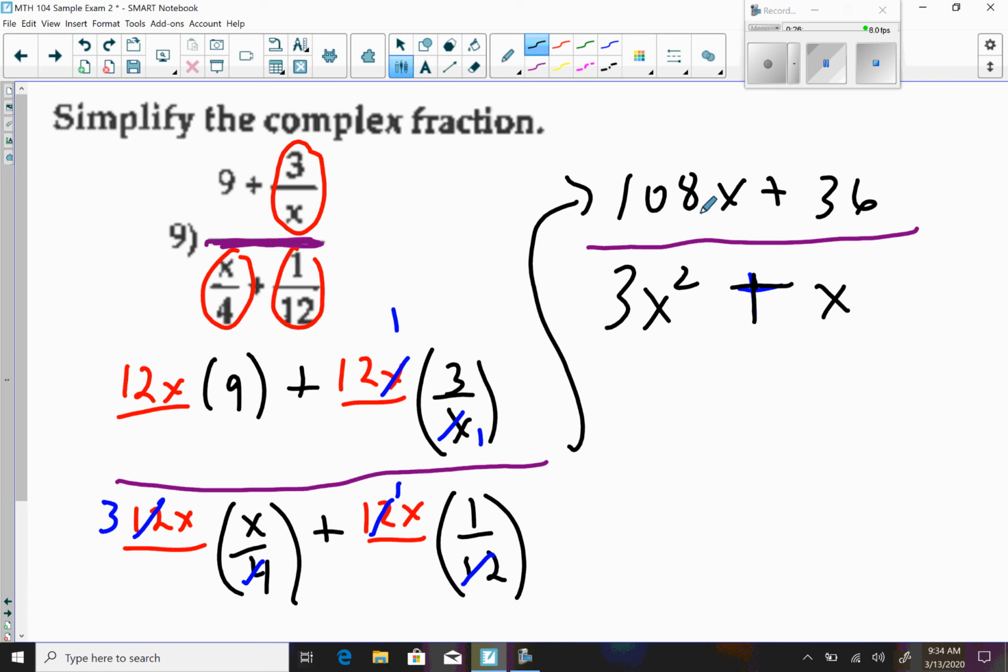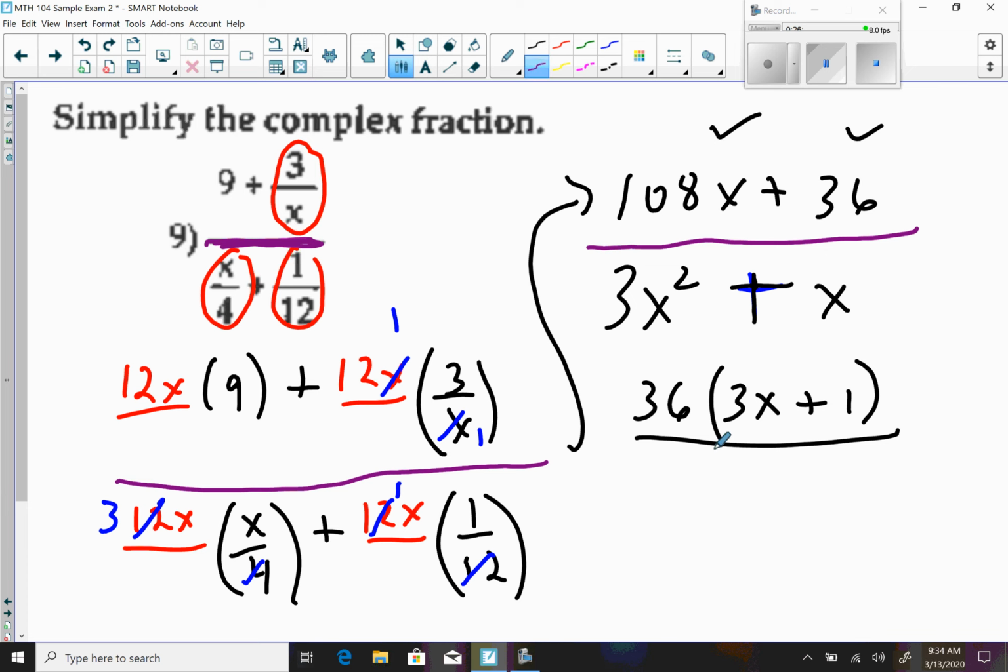Then 108x plus 36. 36 goes into both of these. So 36 times 3x plus 1. 36 times 3x is 108x, and 36 times 1 is 36. In the denominator, x is common.